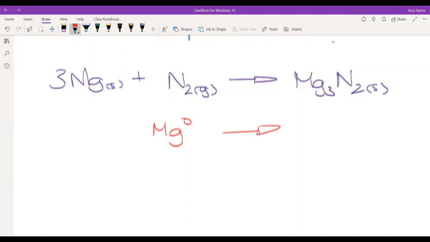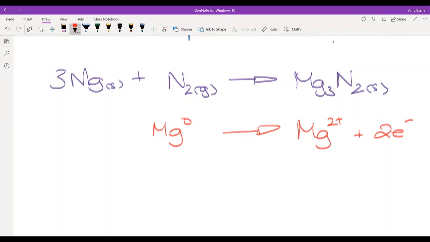And think back to periodicity. What ion does magnesium form? I'll give you a second to pause and get your periodic tables. It forms Mg2+, and because I can't create or destroy electrons, I have to have 2 electrons there.